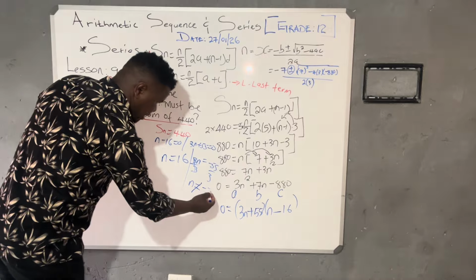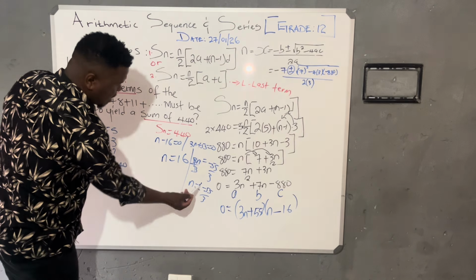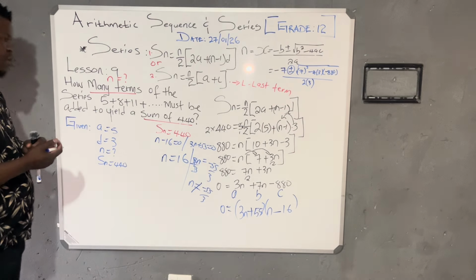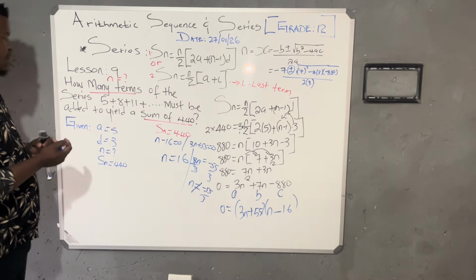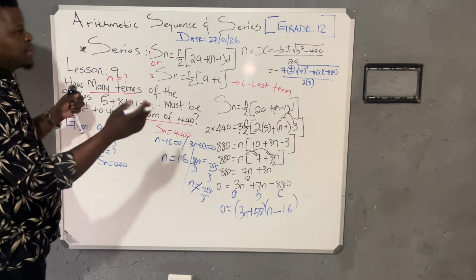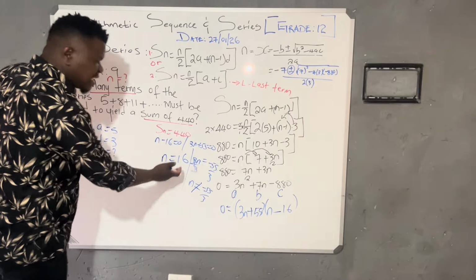We cannot take this one, no matter how you simplify, because of the negative. N should be a natural number, because when I say how many terms, I'm talking about natural numbers, can be 20 terms, 30 terms. So it should be natural. It happened that 16 is a natural number.